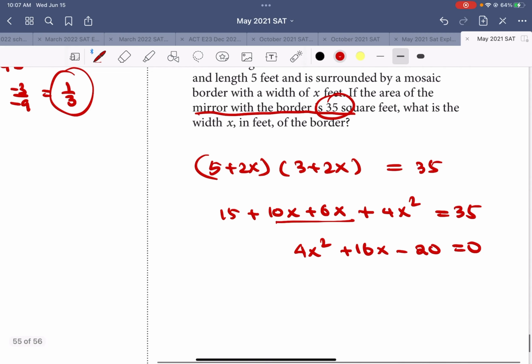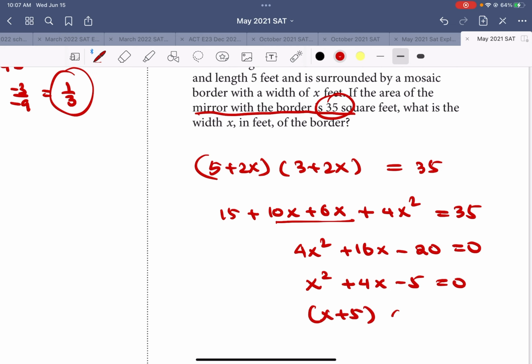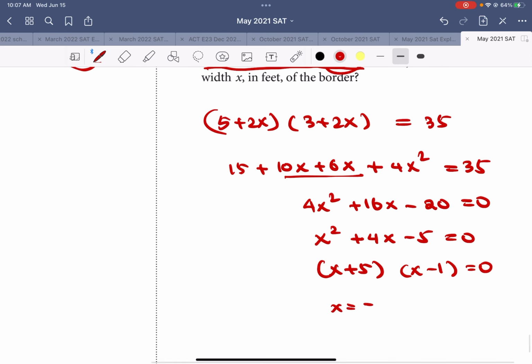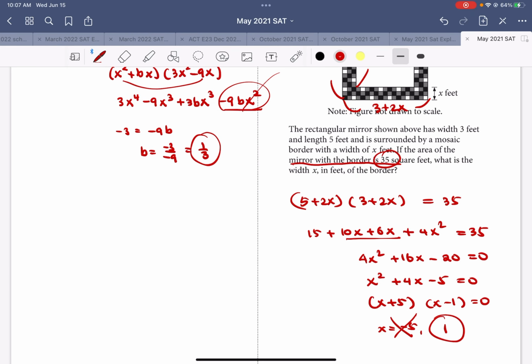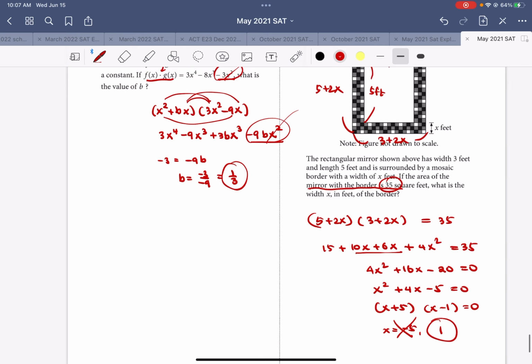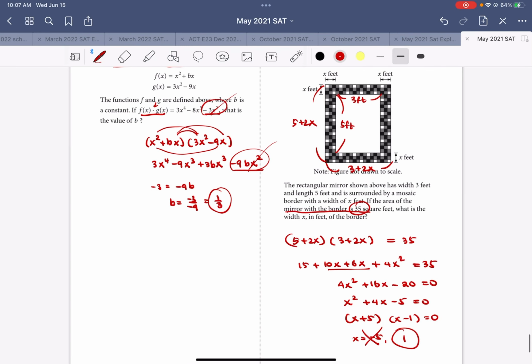You can reduce by 4, so x squared plus 4x minus 5 equals 0. And then you can factor: x plus 5, x minus 1 equals 0. And then x equals negative 5 and 1, but x is a dimension of that border, so it cannot be negative. So x is only 1. Okay. So that's how you're going to set it up and then solve for the variable.